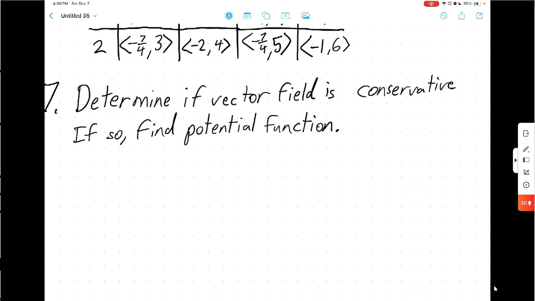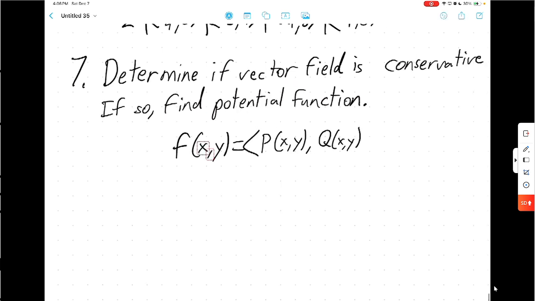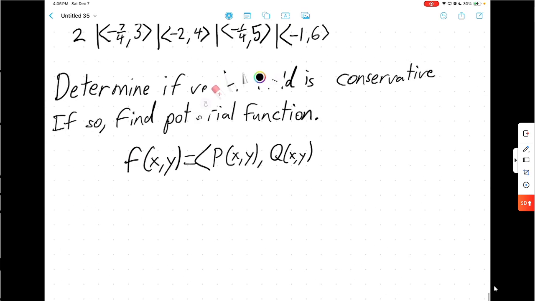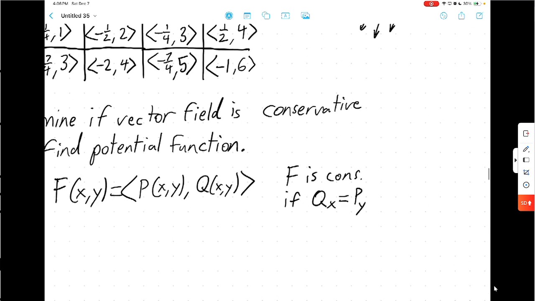Can you explain that? So for a two-dimensional vector field, where we have a function P of x,y, comma Q of x,y, I should use capital F for this. F is conservative if the partial of Q with respect to x is equal to the partial of P with respect to y.